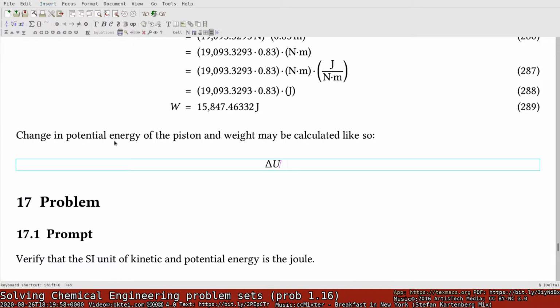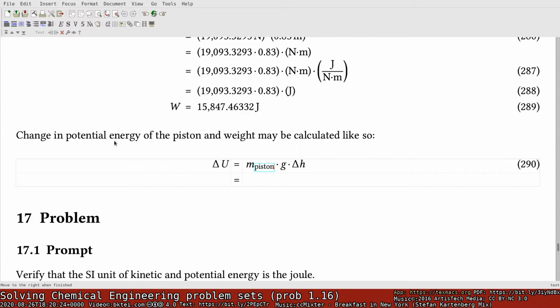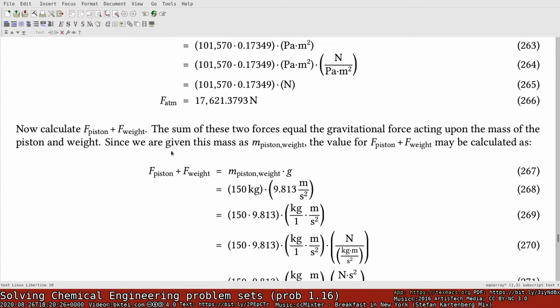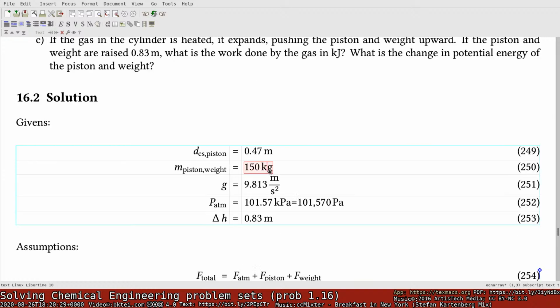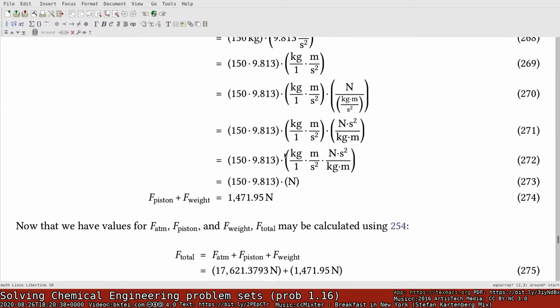So the change in potential energy is equal to mg delta H. And this is the mass of the piston and weight, which I think we already have a value for. Yep, 150 kilograms. Times g, which we already have.